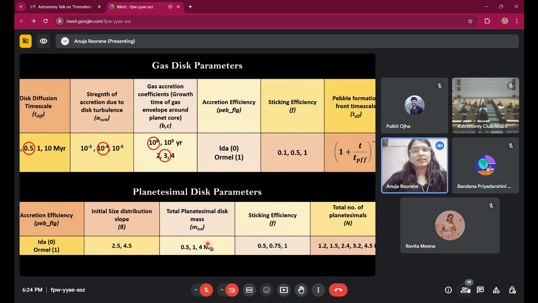So I talked about gas disk parameters. What are these planetesimal disk parameters that I'm talking about? The accretion efficiency and sticking efficiency remain the same. The three main parameters that influence the population of these planetesimals were the number of planetesimals, the disk mass, and the initial size distribution.